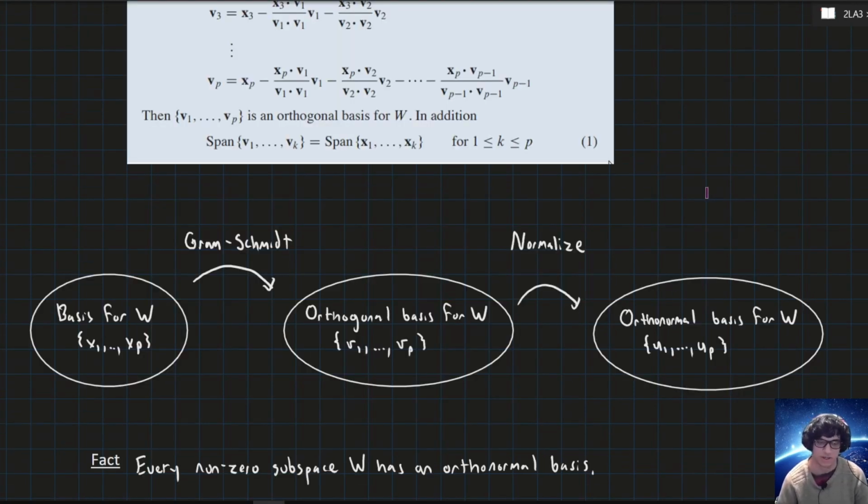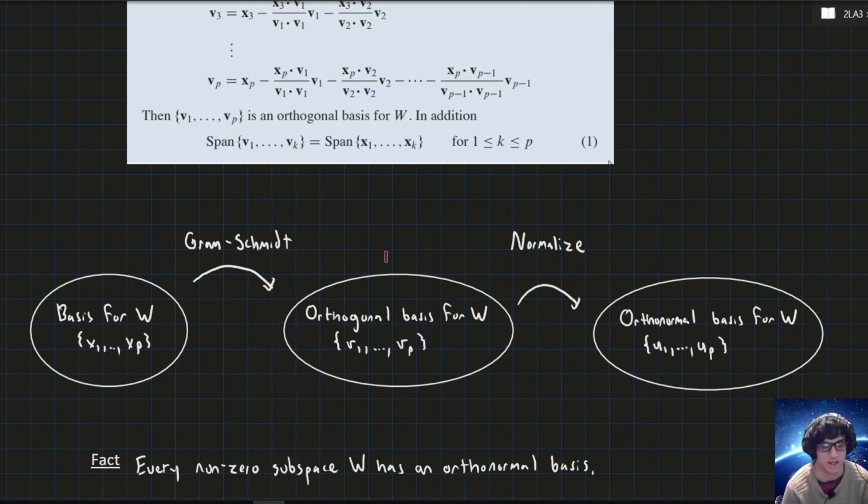So notice now what we're able to do with any basis for a subspace W. If we have a basis for the subspace W, and it's not orthogonal, then we can transform it into an orthogonal basis for W using the Gram-Schmidt process we just went over.